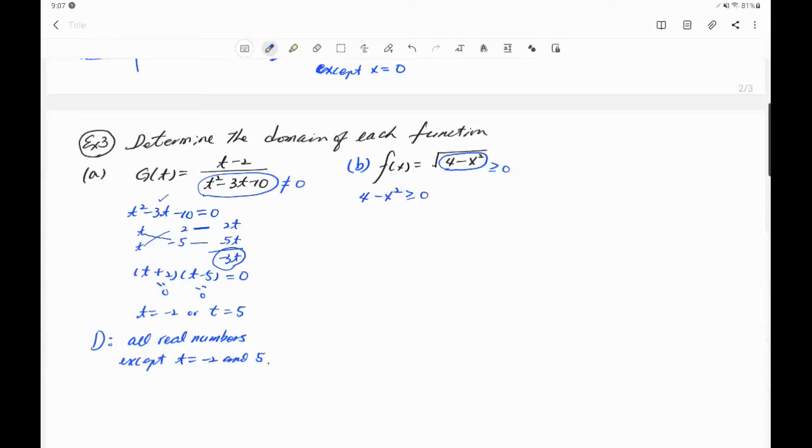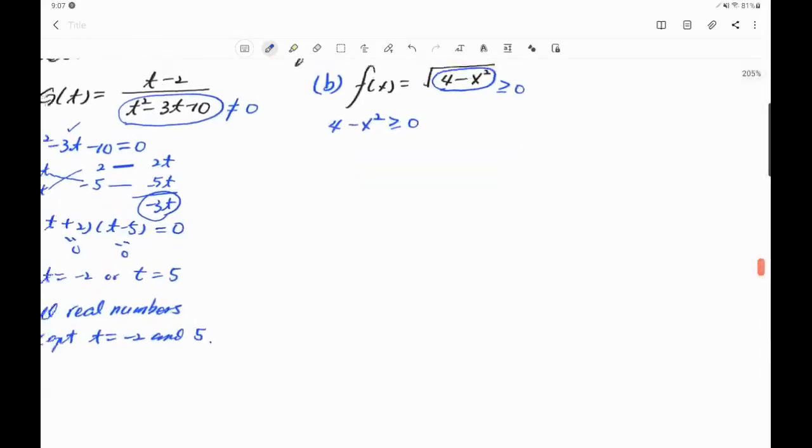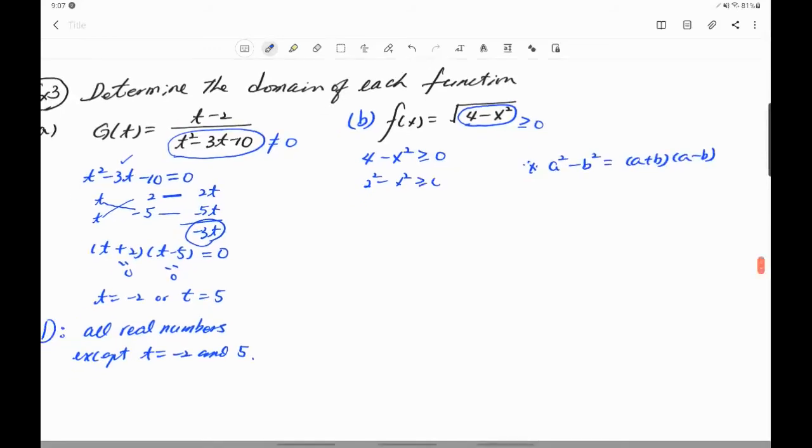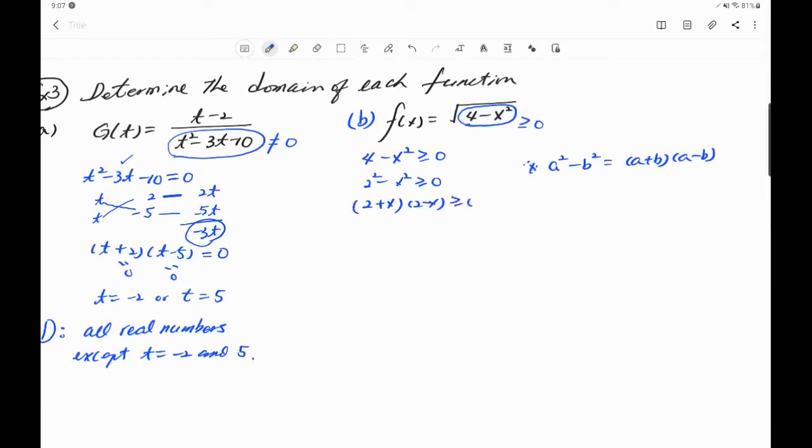We set the expression greater than or equal to 0 and solve for x. We can factor this: it is 2 squared minus x squared. Do you remember a squared minus b squared? We can factor it as a plus b times a minus b, the difference of squares. So this is 2 plus x times 2 minus x, greater than or equal to 0.